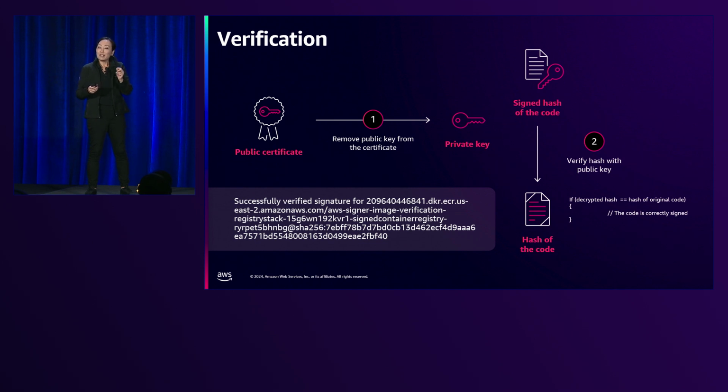But your public key will help you decrypt that manifest file, and then you compare the digest contained within the manifest and the digest of the downloaded image. So if those two match up, that means that your container image has not been changed. So this is, again, another two-step process.